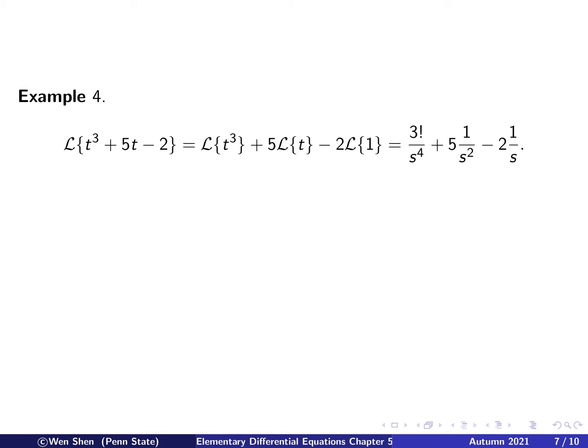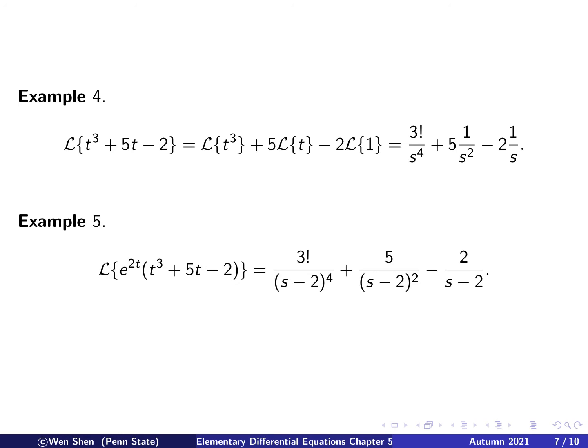You can use the linear property: take the Laplace transform of each term and then add them up, and you can even take out the constant factors. This becomes the Laplace transform of t cubed plus 5 times the Laplace transform of t plus 2 times the Laplace transform of 1, where for all three we know what they are. Let's put that in. This will be 3 factorial, which is 6, over s to the power 4, plus 5 times 1 over s squared for t, plus 2 times 1 over s for 1.